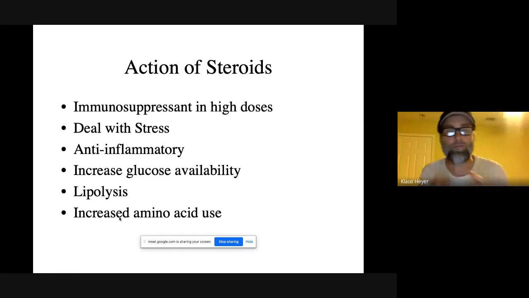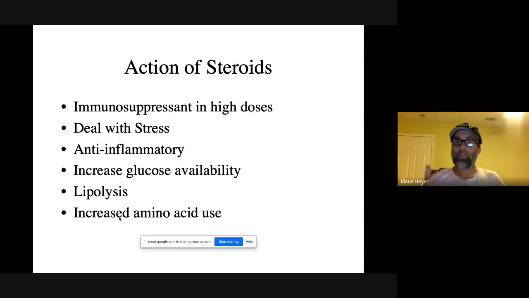That's all about proteins, right? Whenever you want to heal a wound, whenever you want to fix something that's gone wrong with your body, you need proteins. Whenever you want to grow, you need proteins. Whenever you want to maintain what you have, you need proteins. So it's all about proteins.